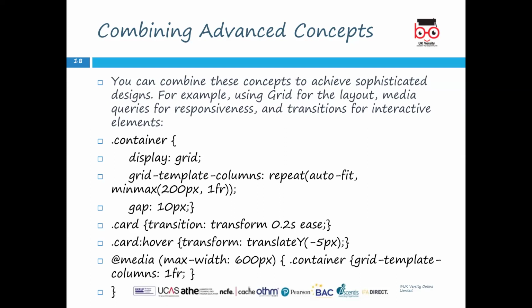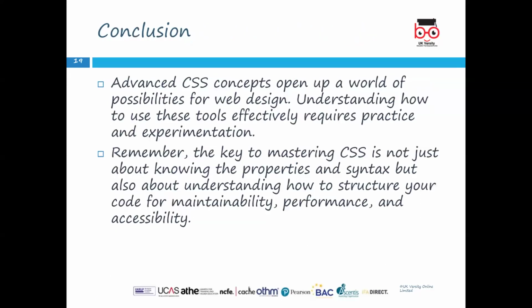So now we're going to be combining advanced concepts. We can now combine these concepts to achieve sophisticated design. As we can see, for example, we can use grid for a layout, media queries for responsiveness, and transitions for interactive elements. So this is a more advanced concept where we've combined everything that we covered in our session in order for us to have something that looks really good.